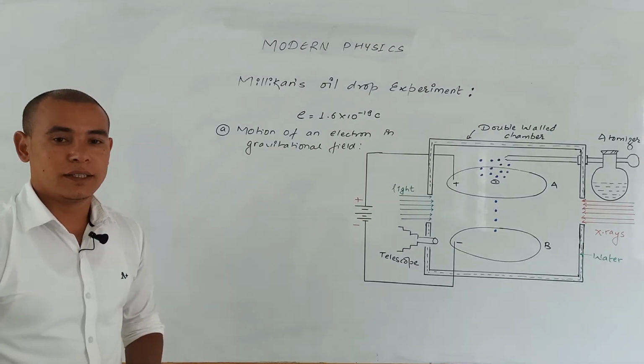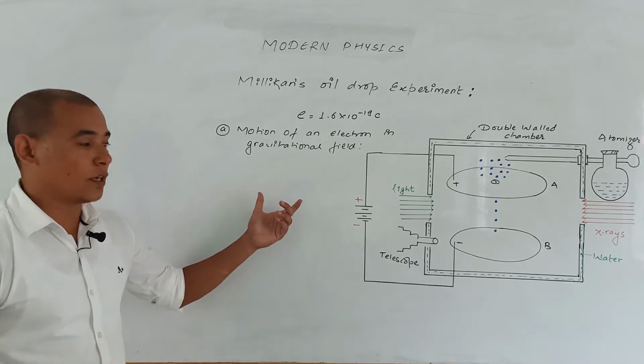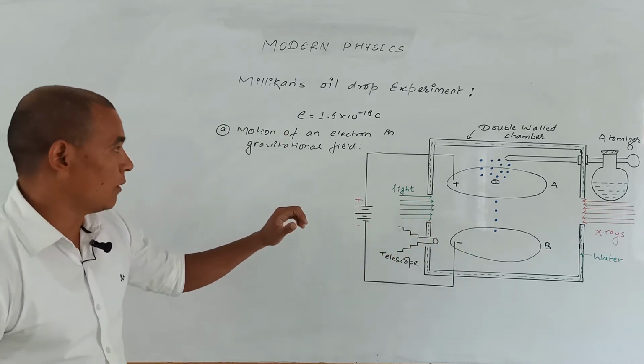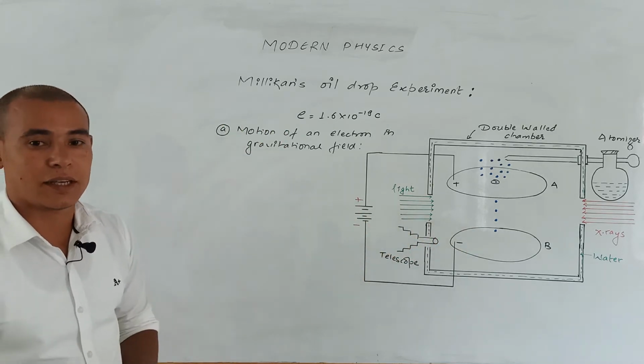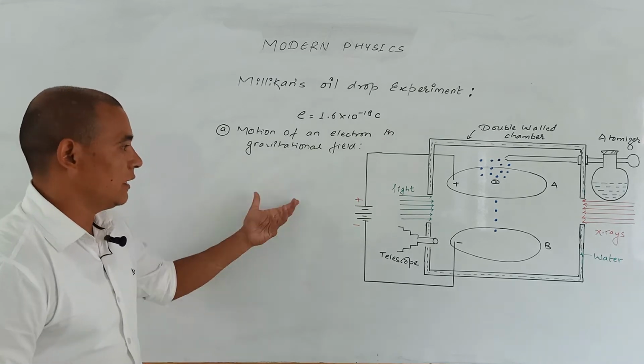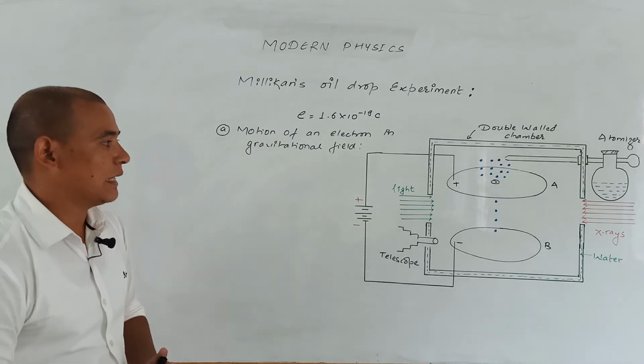We will discuss Millikan's oil drop experiment in two conditions. First, the oil drop is allowed to fall under the action of gravity, and in the second condition, he allowed the oil drop to move under the action of an electric field.